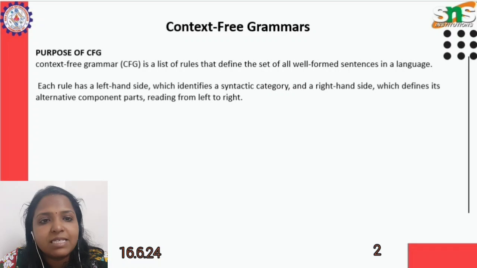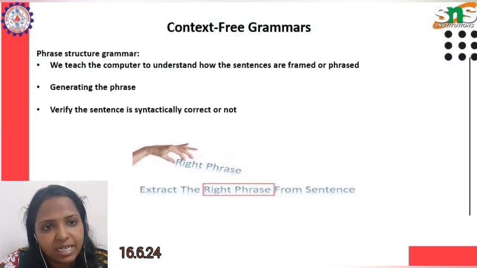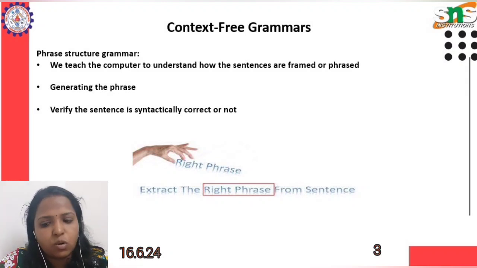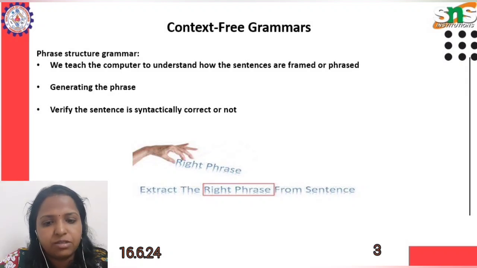CFG gives you a set of rules and regulations which helps us to frame a sentence and generate it syntactically correct. First, it helps us to form the sentence in the right way. Second, it helps us to verify whether the sentence we are giving is right or not. Syntactically, it will check the syntactical correctness.